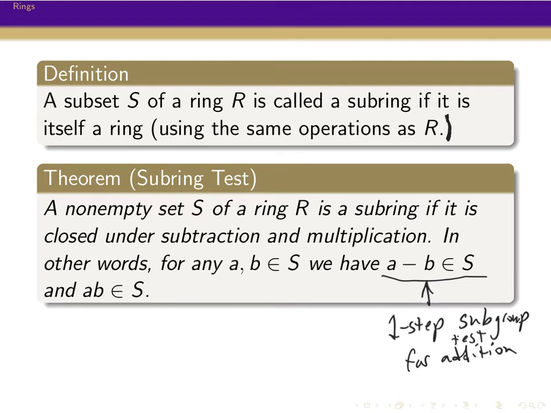Lastly, the only thing left to prove is that multiplication is closed. The distributive property we have for the ring is inherited into the subring, so there's nothing left to prove there. So to prove something is a subring, all you need to do is show that for any two elements, one minus the other is still in the subring, and that the product of any two things in the set is inside the set, and that gives you a subring.